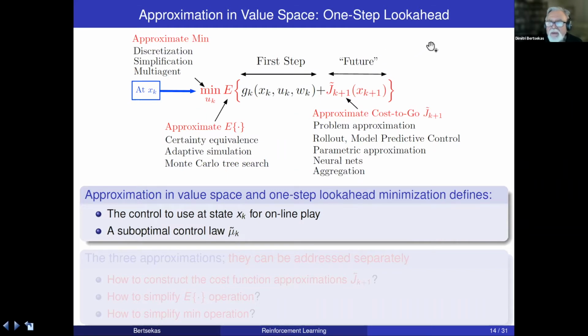In this figure, there are two other slides that sort of complement this figure and draw a broader picture. Then can I conclude that approximation in value space is only applicable in a forward-looking methodology? You only need it when you look forward.